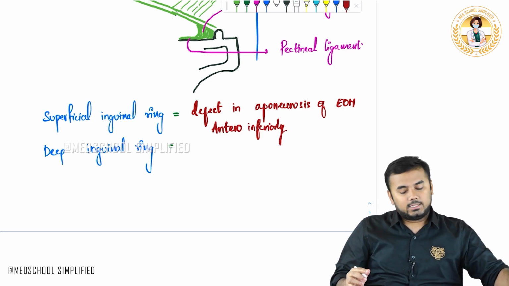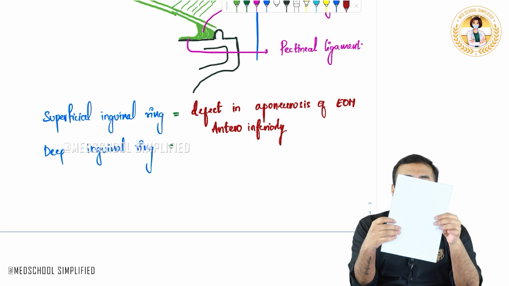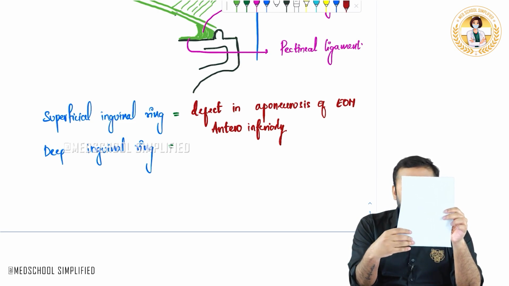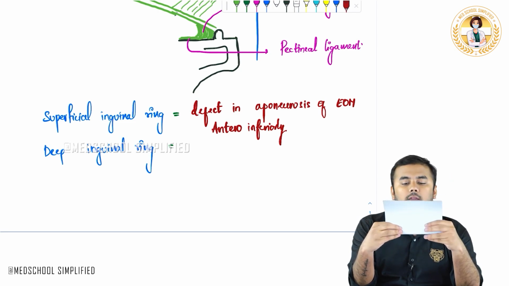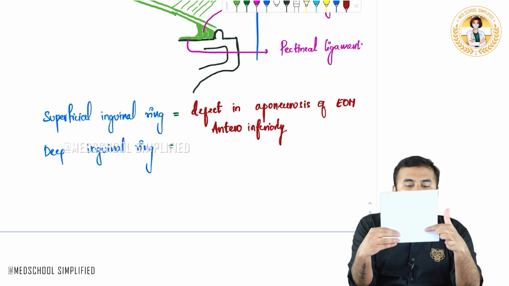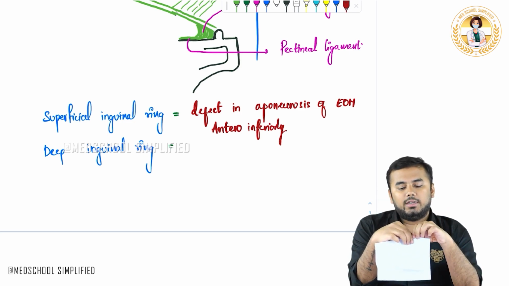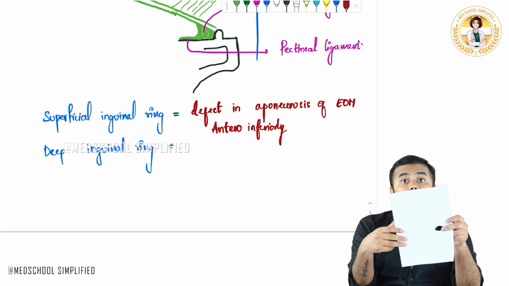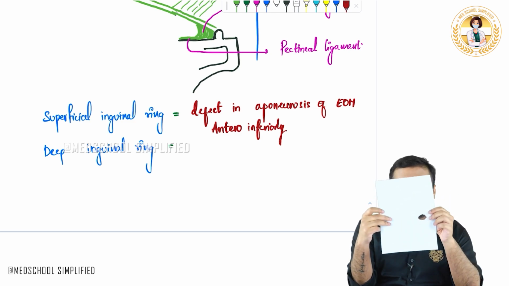So for example, let us say that this is the external oblique, I told you, right? Now this external oblique is folding inside, I told you. So it is folding inside like this to form the inguinal ligament. So exactly here you will have a small defect like this. I told you this part is muscle, this part is aponeurosis.